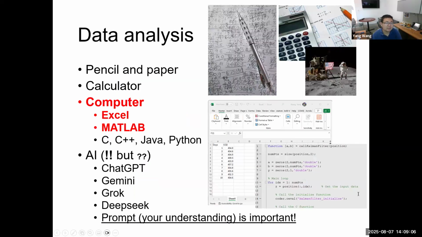In terms of data analysis methods, say 100 years ago, people would just use pencil and a piece of paper and conduct a lot of these calculations on scratch paper. Later on, we had a companion, a good friend, which is a calculator, so we can easily do some more sophisticated calculations.